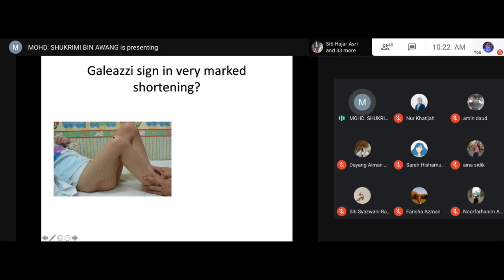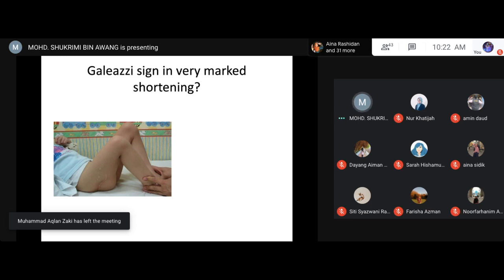So where is the pathology now? Is it femur or is it tibia? Both sides. Yes, the possibility is both components, both tibial and femoral component, or the other possibility is the shortening of one of the components is very marked, very significant, let's say more than 5 centimeters.